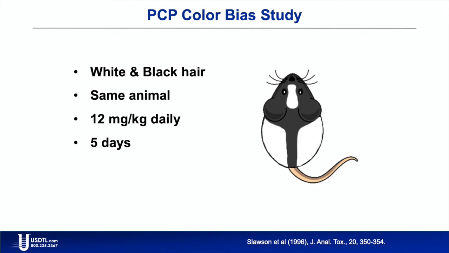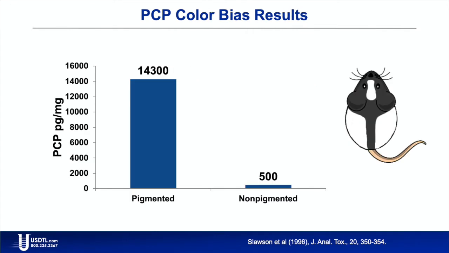So this normalized for a lot of variation here. So it's the same animal that did this for 5 days. They collected hair from the non-pigmented sections of the animal and the dark pigmented sections of the animal. And again, we got an incredible distribution of results.